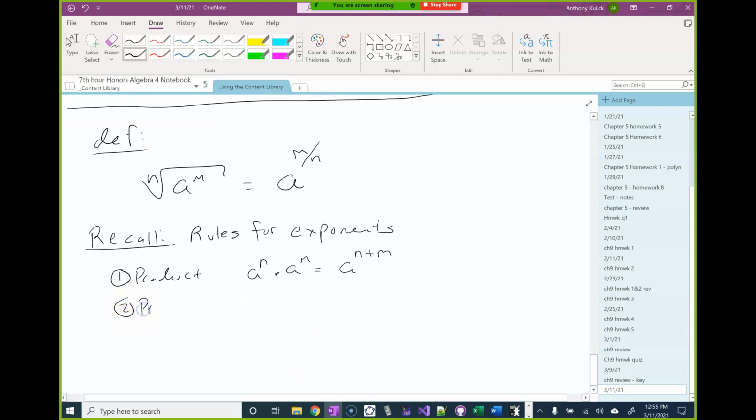There's the power of a power, that says a to the n to the m is a to the n times m. Like if I take x cubed squared, that's going to give me x to the sixth, because basically I have two sets of x cubed.